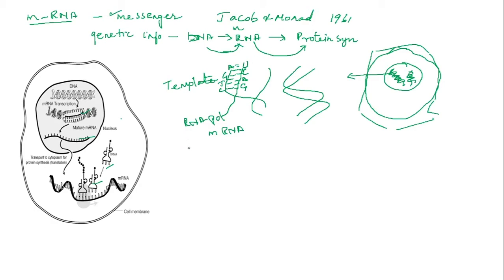It has a molecular weight of 5 into 10 to the power of 6 daltons, and it constitutes 5 to 10% of the total RNA present within the cell. It means 5 to 10% of the RNA which is seen in the cell is mRNA.